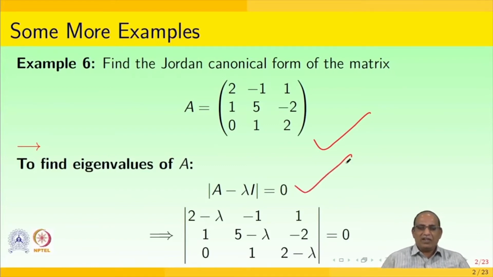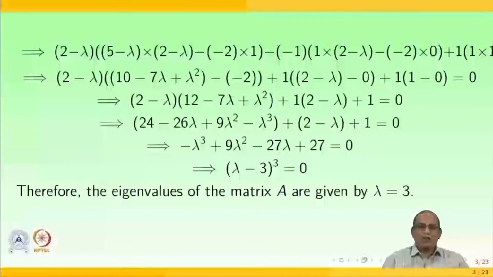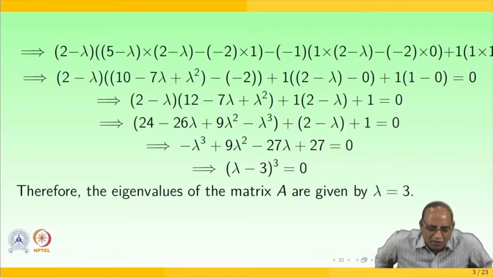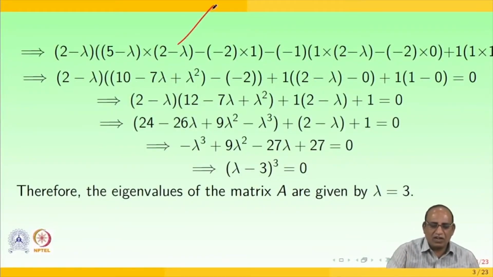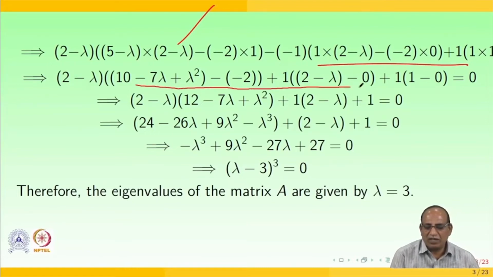Let's say determinant of A minus lambda I is equal to 0. That is, 2 minus lambda, minus 1, 1; 1, 5 minus lambda, minus 2; 0, 1, 2 minus lambda. So if you expand this determinant, you will have 2 minus lambda, times 10 minus 7 lambda plus lambda square.